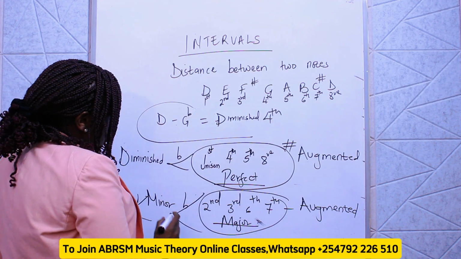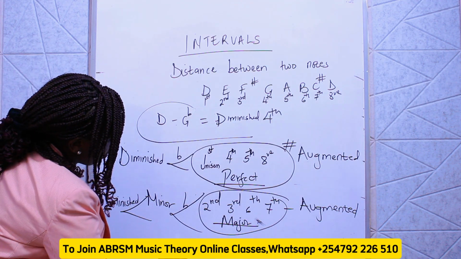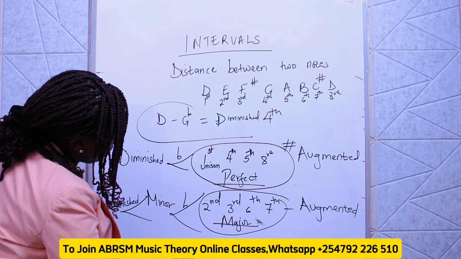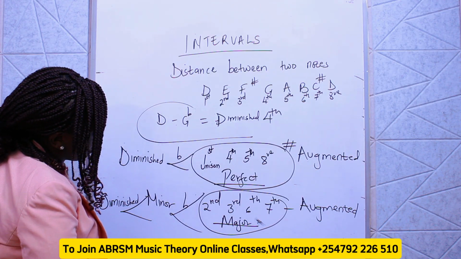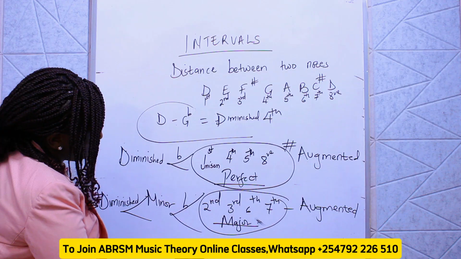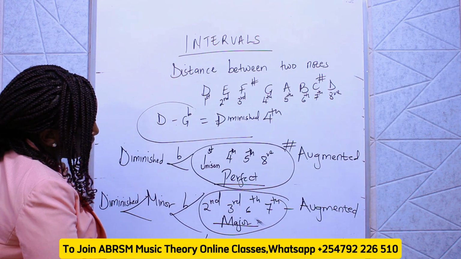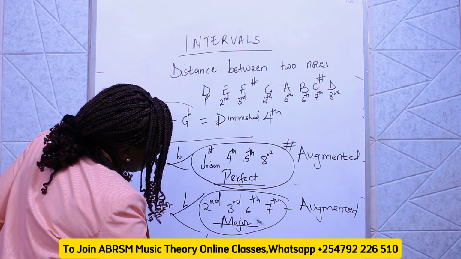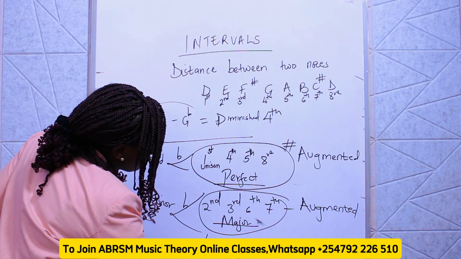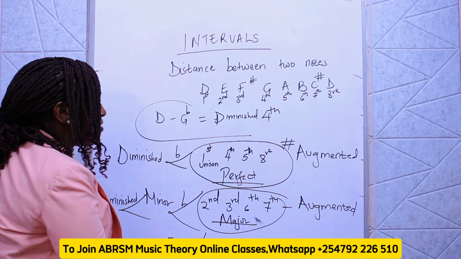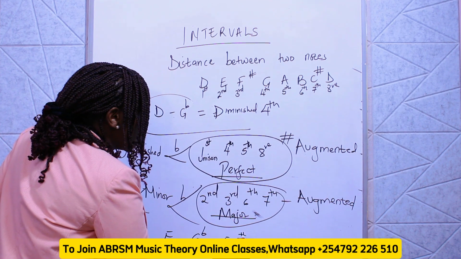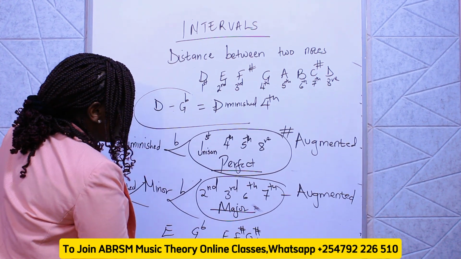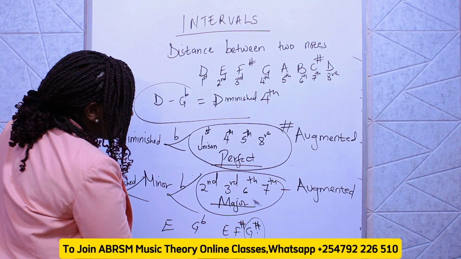For example, what do I mean when I say you can lower it two times? If I have E, and I'm moving to G, from E to G, we all know that in the scale of E, it would be E, F, G. This will be your first, your second, and your third. If I put my key signatures, then my major would be a G sharp.